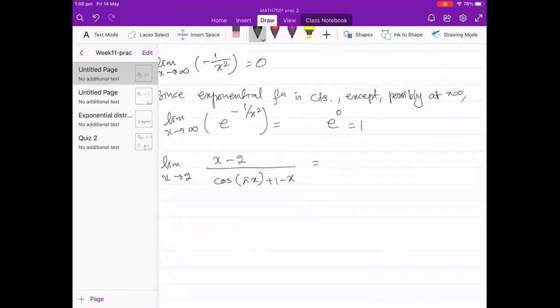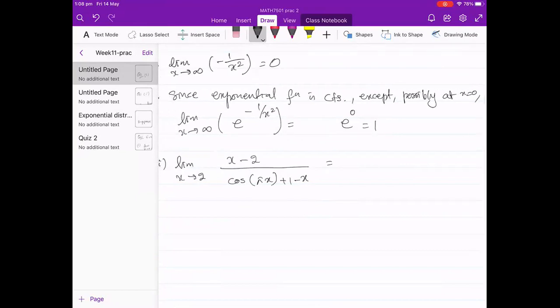L'Hopital's rule. Why? Yeah, at x equals 2, we get the 0 over 0 case.